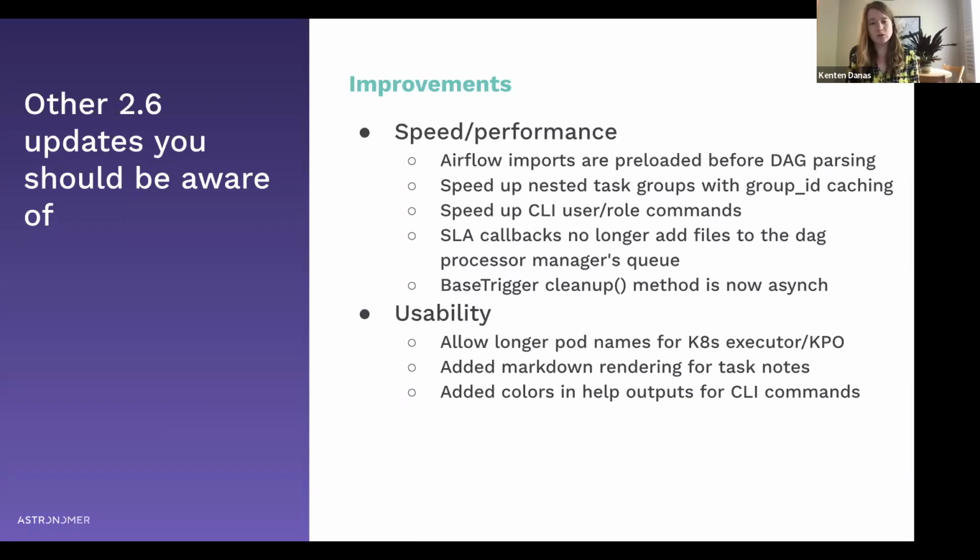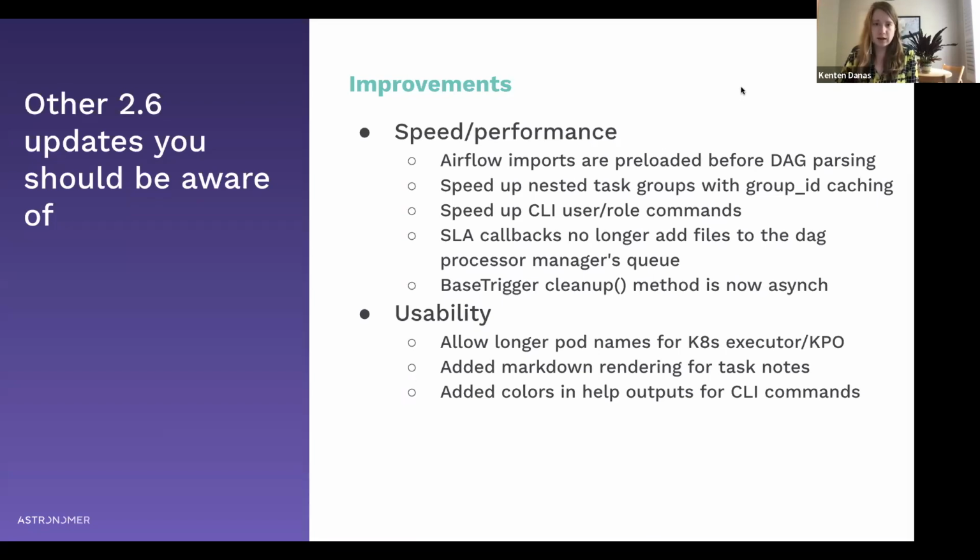But a lot of the work that goes into an Airflow upgrade is also just the nitty-gritty of making things work better, which is going to mean you get a better experience overall, especially as you are using Airflow in production. But again, things that you might not see.